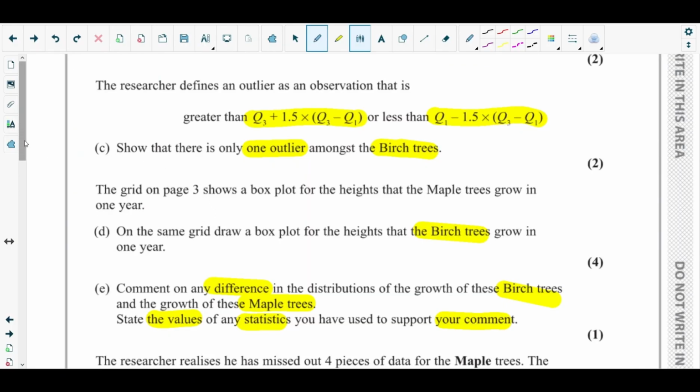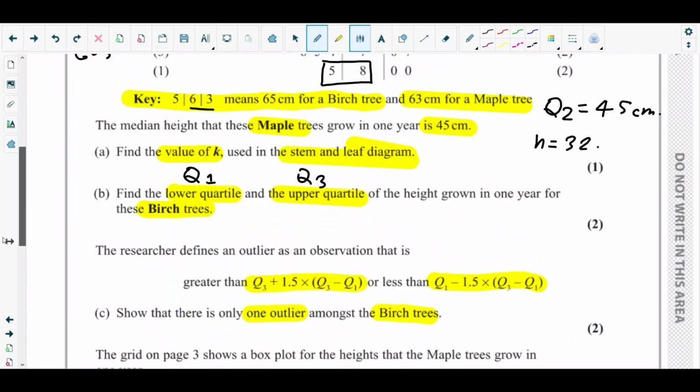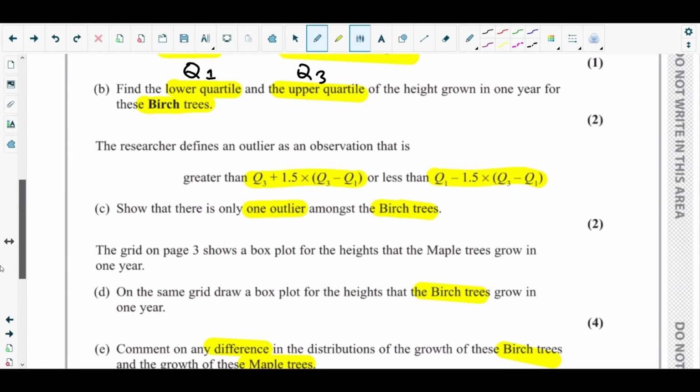Since the median of birch trees, 48 centimeter, is greater than the median of the maple trees. That's what we can comment here, right?